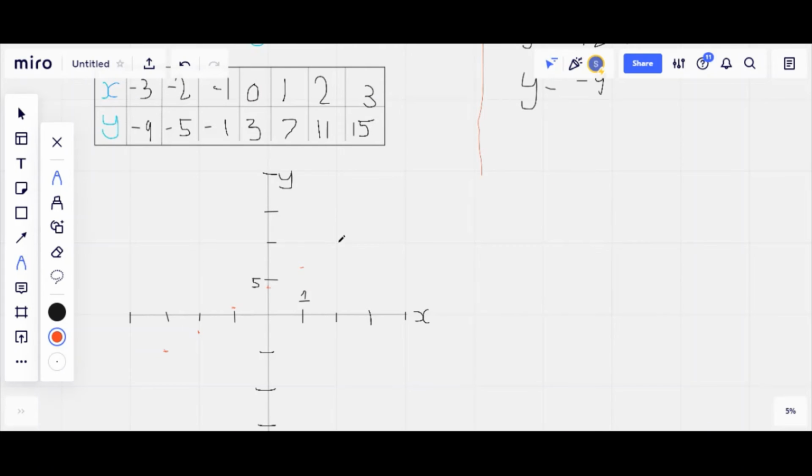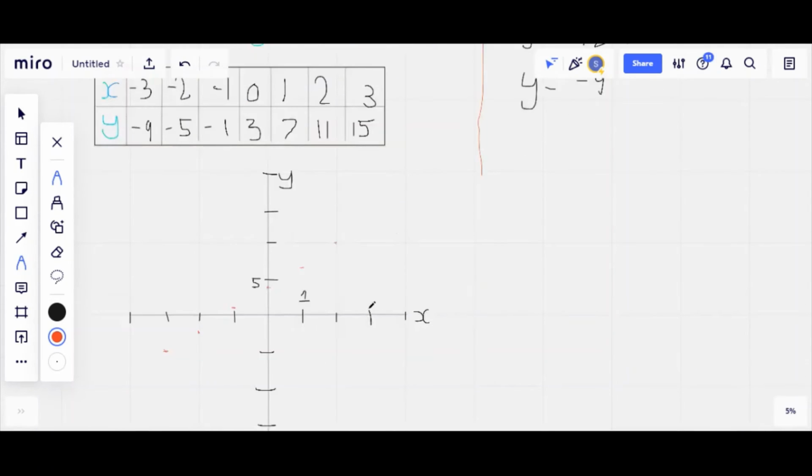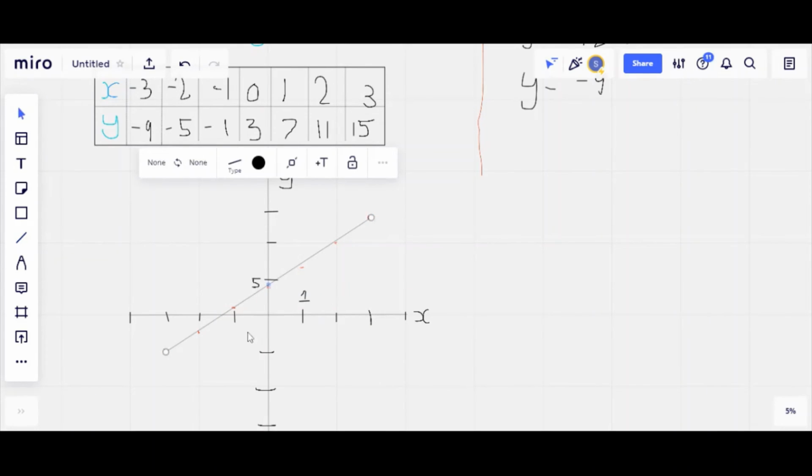So we know that'll be right on the corner there. Then we have 3 and 13. So that's our first line here. And then we can just draw a straight line and connect the dots there. And that's relatively close. So these dots should all be around that straight line.